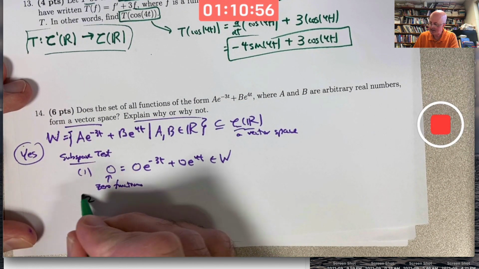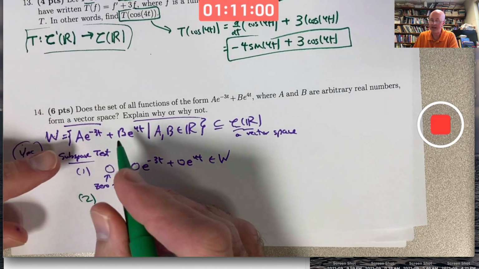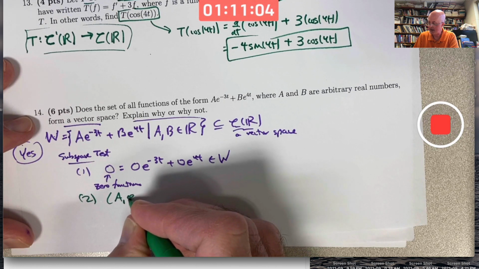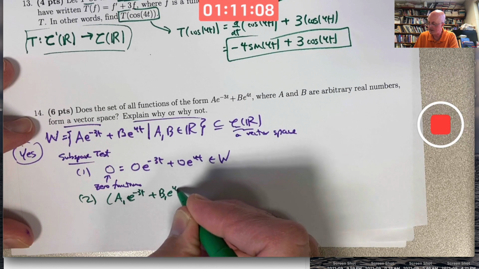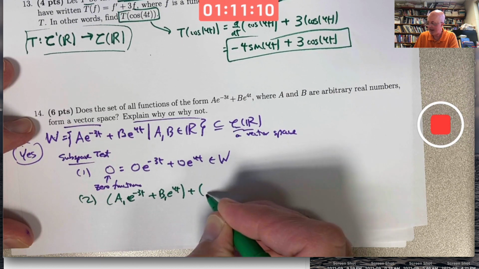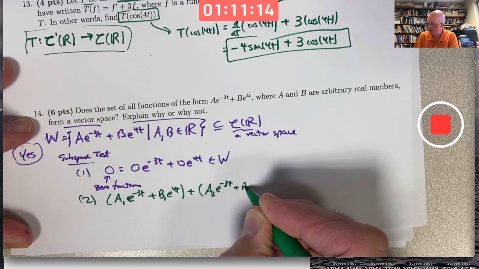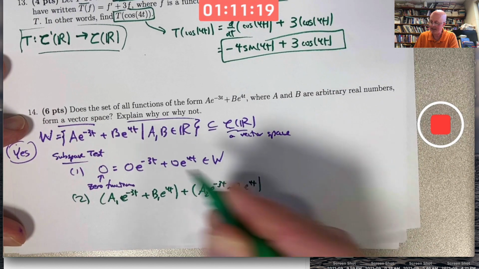Second thing to check is that it's closed under vector addition, or in this case, function addition. If I have two such functions, a1 e to the negative 3t plus b1 e to the 4t, and a2 e to the negative 3t plus b2 e to the 4t, is the sum also in W?